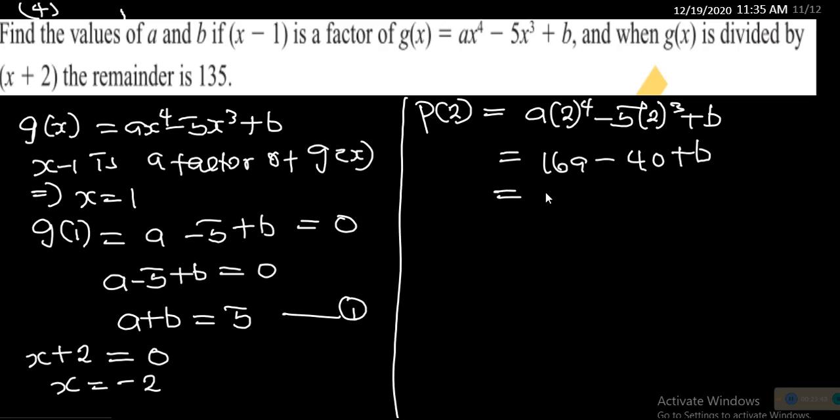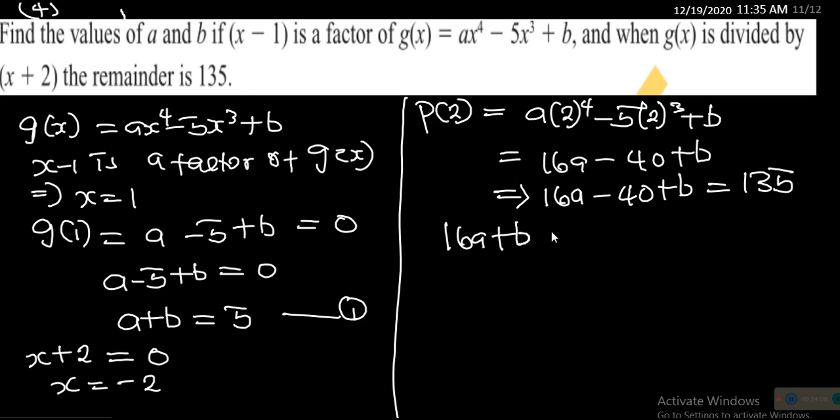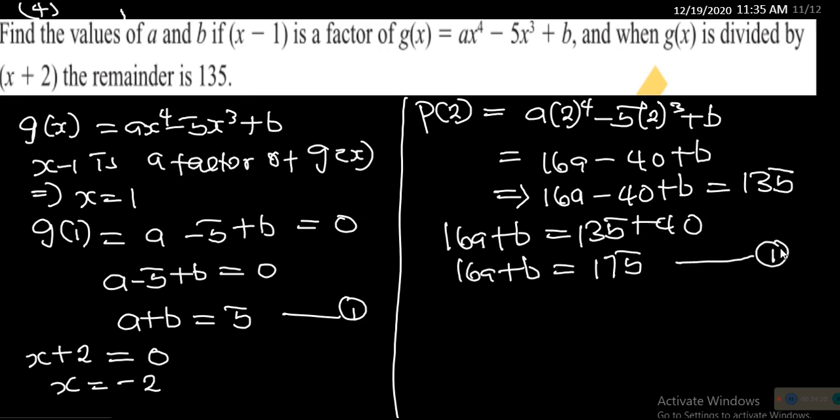So we have 16a minus 40 plus b equals 135, because p of minus 2 is 135. So if we add 40 to both sides, we have 16a plus b equals 135 plus 40. So 16a plus b equals 175. Let's call this equation 2.